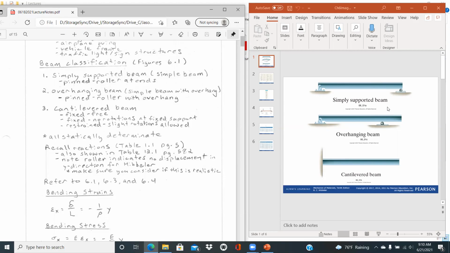Just be aware that that's how Hibbeler is representing a roller, that it can provide force in either direction. From a practical standpoint, you would have to determine which side the roller would need to be on for that to happen.